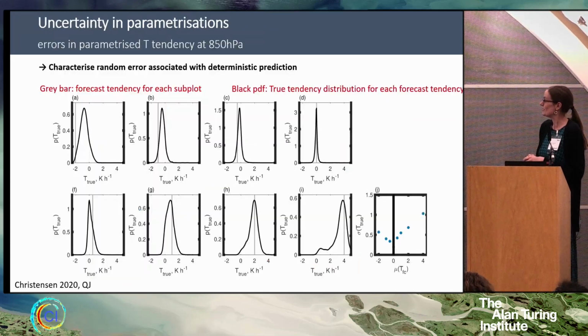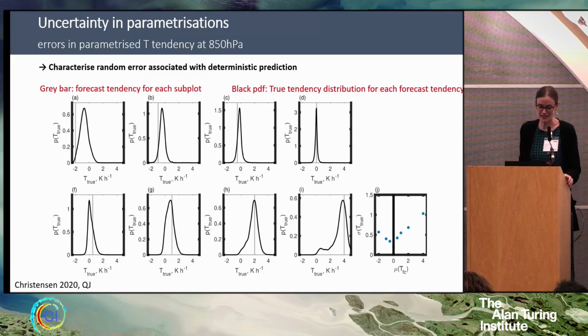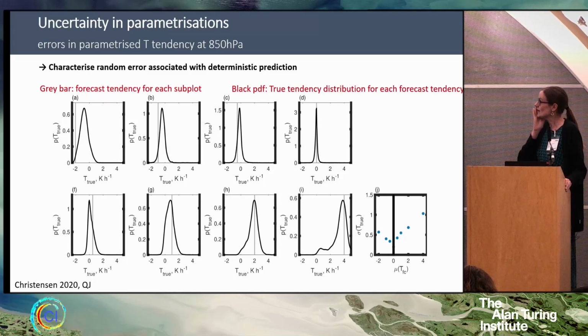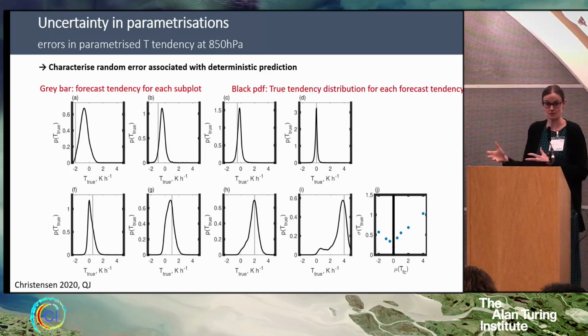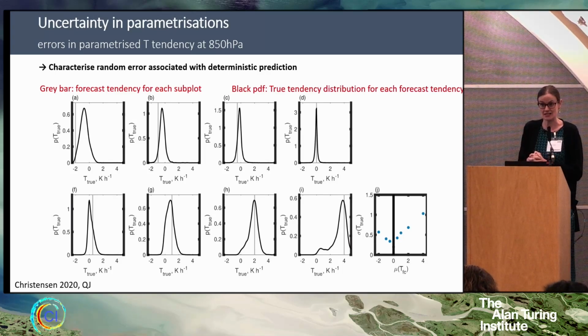And so I'm going to use this slide to try and explain how we know that's not the case. What I'm showing here is actually results from using a more traditional parameterization scheme to do that stepping forward in time, but comparing the output of a conventional low-resolution parameterization to what we know happens in a high-resolution simulation.